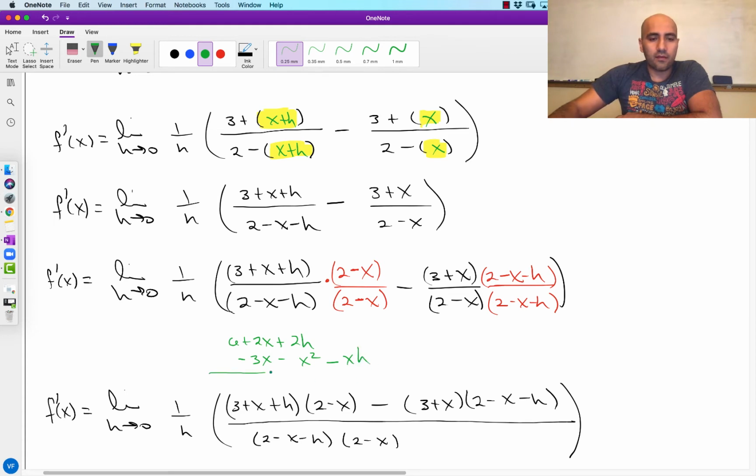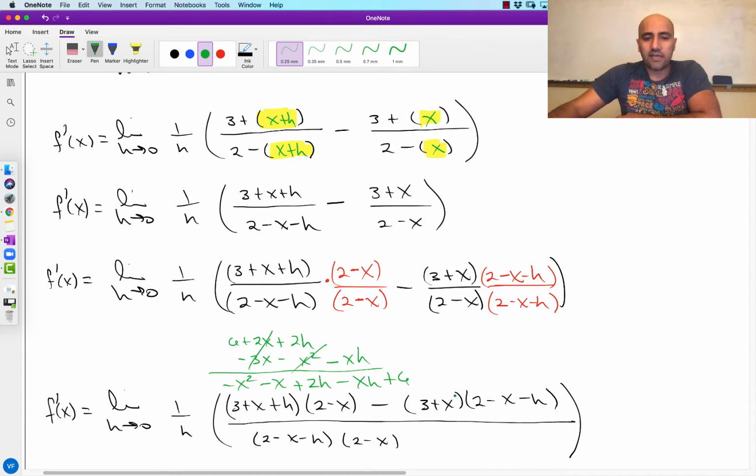And then combine them. These two will combine, and nothing else will combine, really. So we get a minus x squared from there. Takes care of that guy. And then these two combine, positive 2x minus 3x gives me a minus x. It takes care of those. Then I get a plus 2h minus xh plus 6.